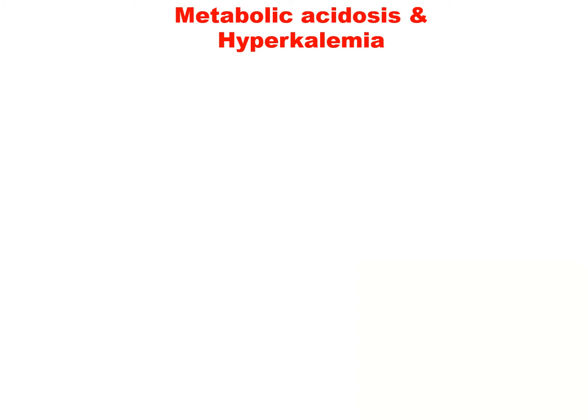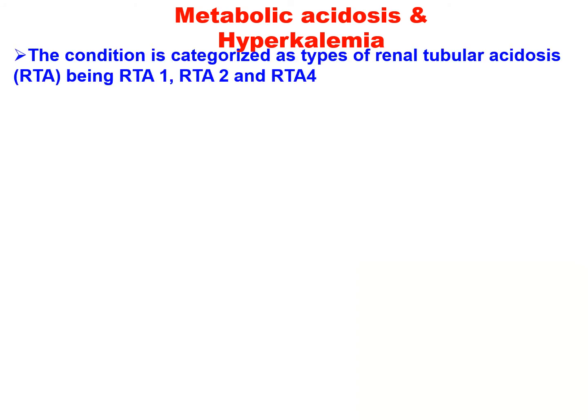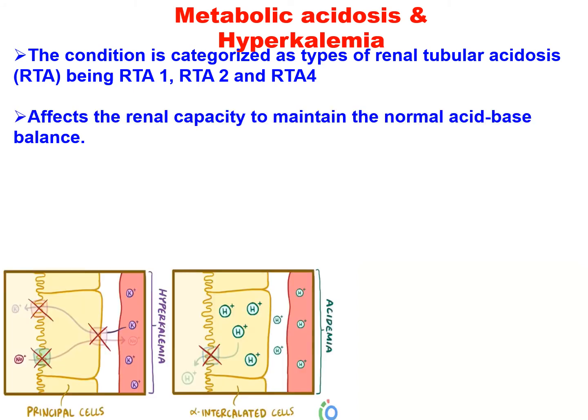Hyperkalemia and metabolic acidosis are often found in association. Two separate mechanisms can be understood. Renal tubular acidosis, which is of 4 types, leads to defects in the renal capacity of maintaining isohydria. Defective transporters of sodium and potassium, as shown in the picture for principal cells of collecting ducts, lead to hyperkalemia.